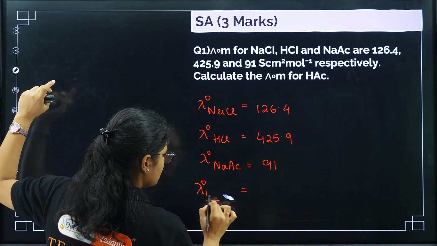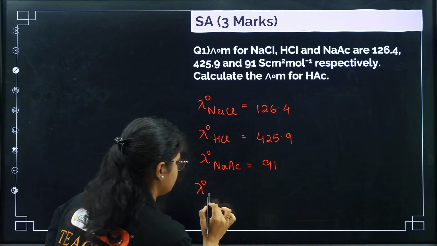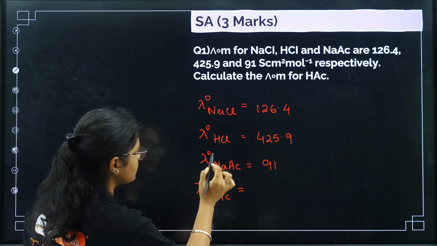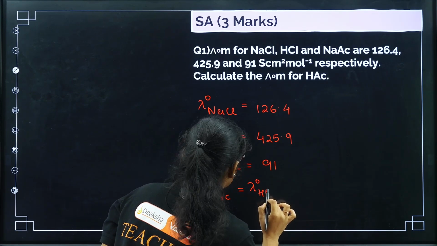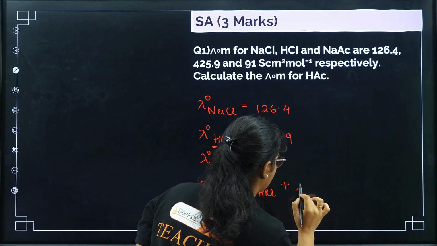So first we need H, so I'll get H from here, so I'll take lambda naught of HCl. Then I need Ac, I'll get from here, so I'll take lambda naught of NaAc.